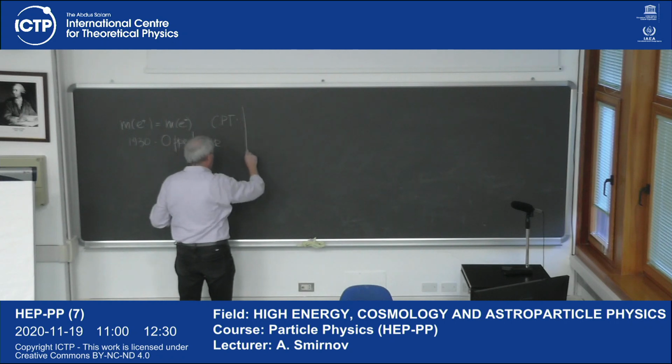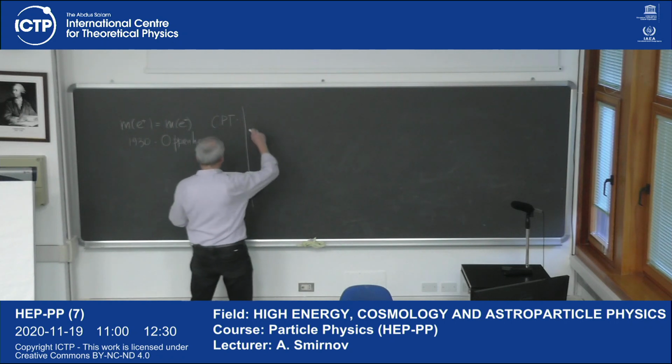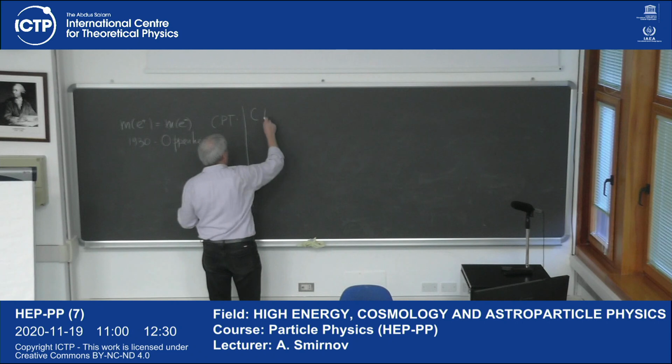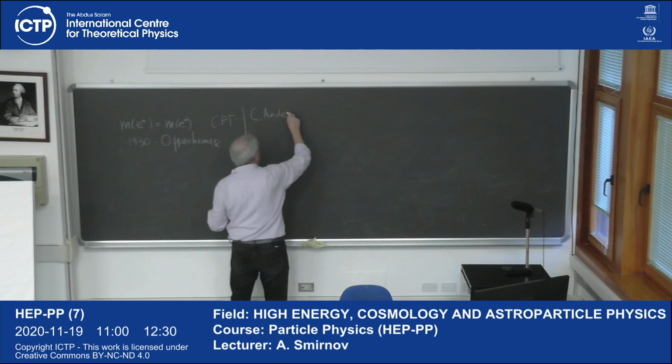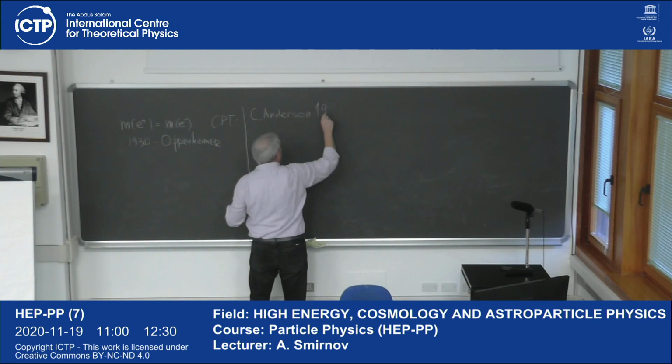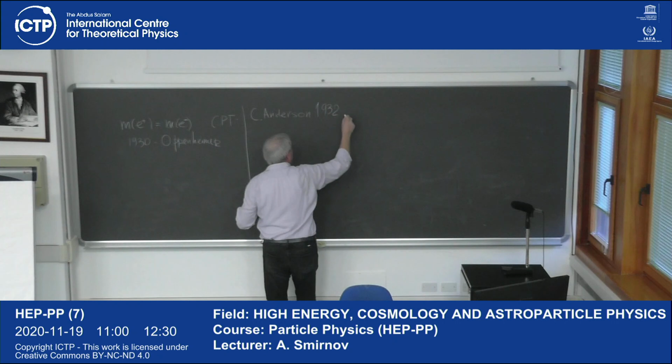The positron was discovered by Carl Anderson in 1932 at Caltech.